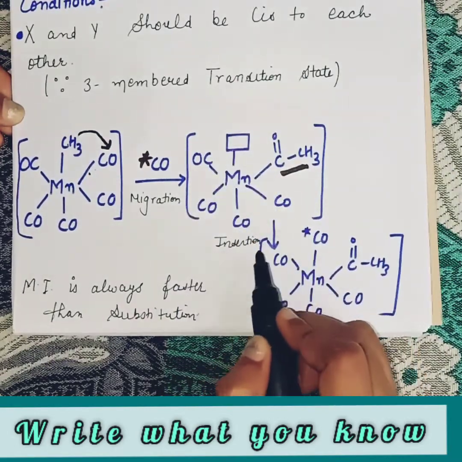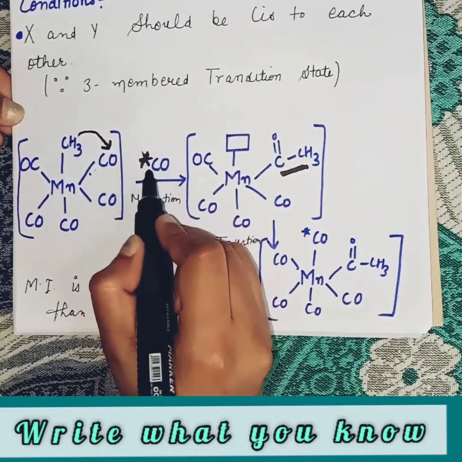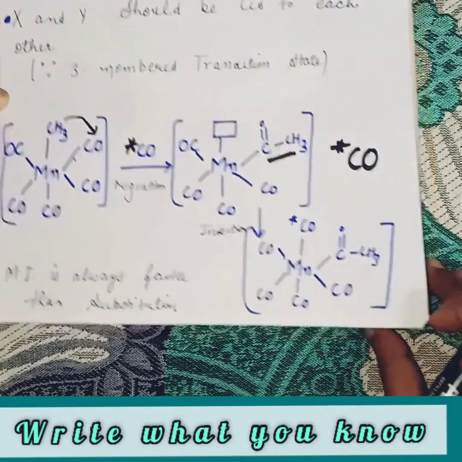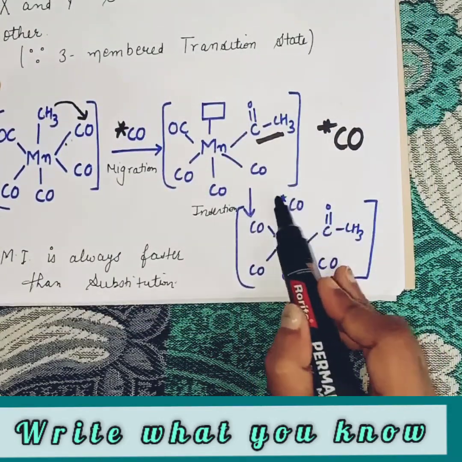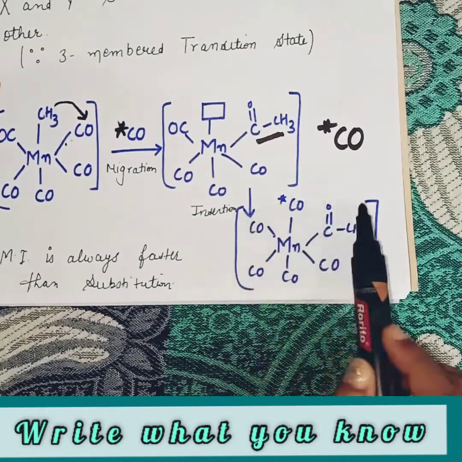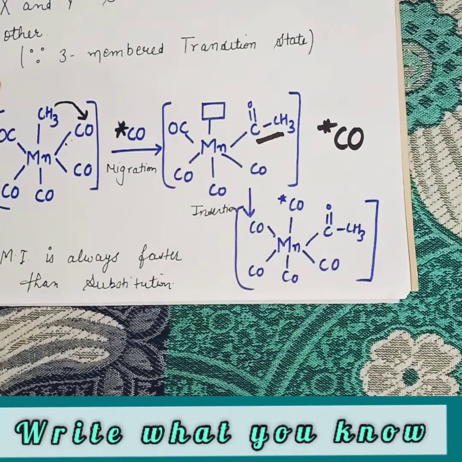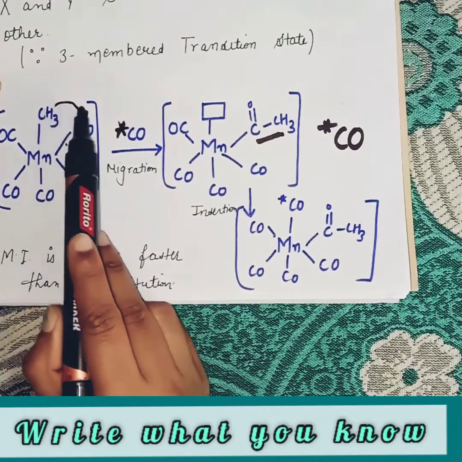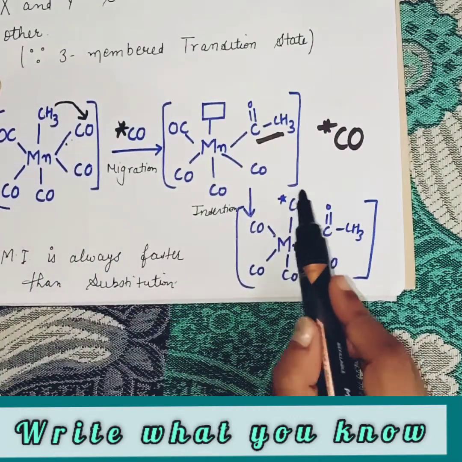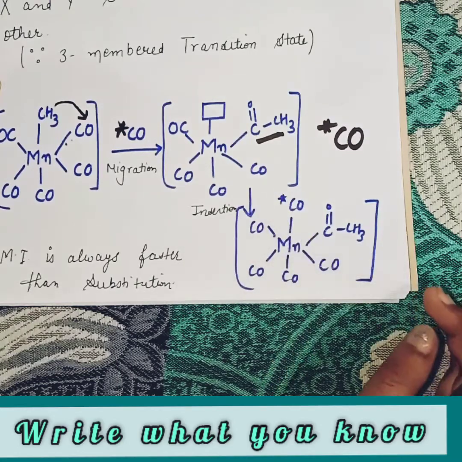The second step is insertion, and our incoming group is CO star. So this CO star is inserted into this vacancy. So this is our resultant complex: first this is migrated to this position, and then CO star is inserted into this vacancy.